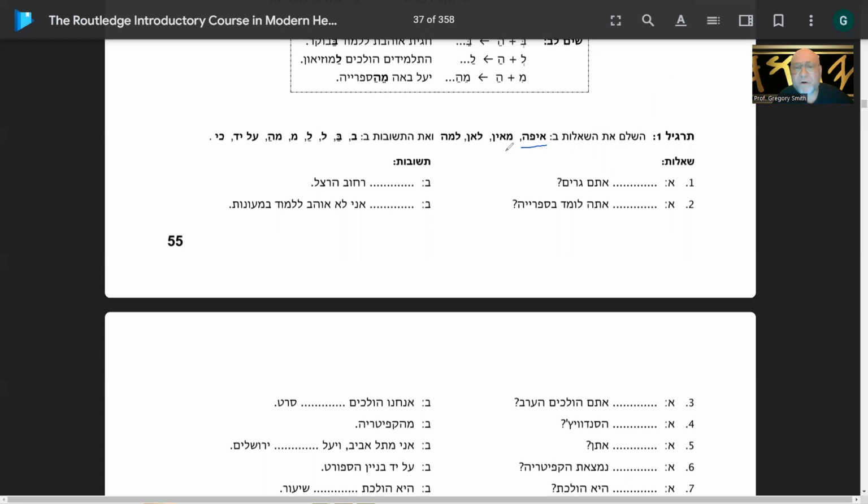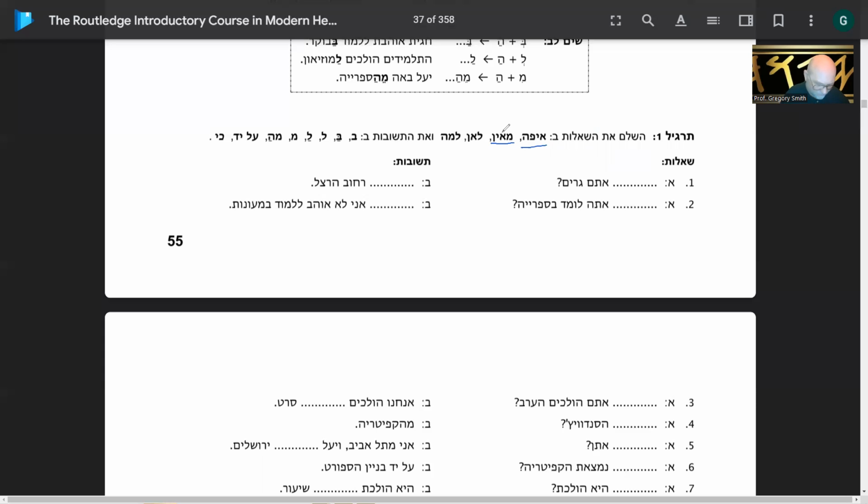Okay, so we have afo, where, me'ayin. I want to double check that. Me'ayin. Let's see here. What am I doing wrong here? May. Oh, it's an aleph. Okay, that one's tough to pronounce.